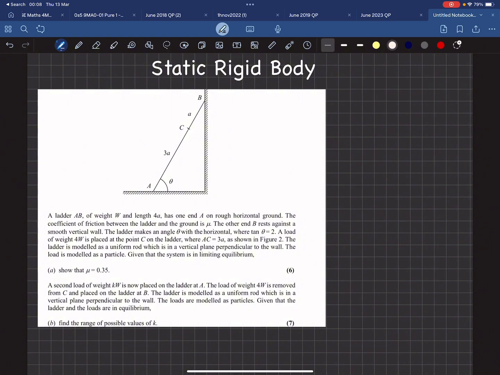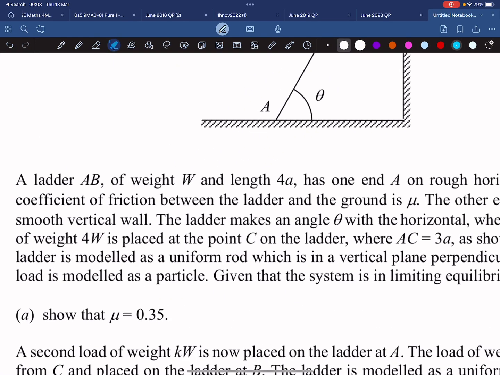The ladder AB of weight W. So I'm going to think, what is weight? Weight is the mass, but with the gravitational element. So weight is measured in Newton. So I don't need to convert this into g. So weight is given as W Newton.